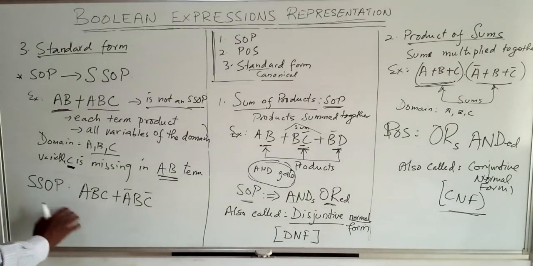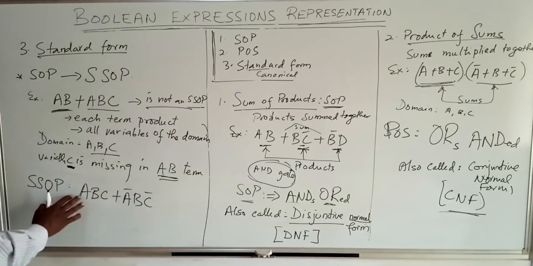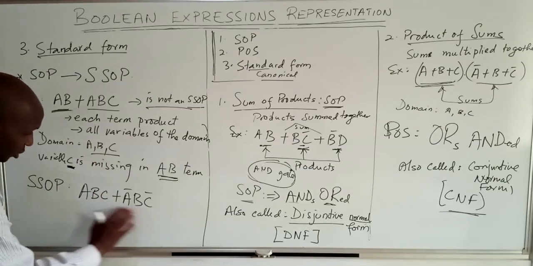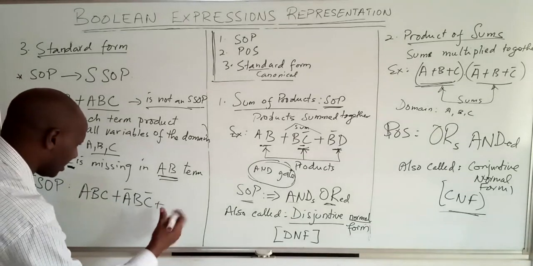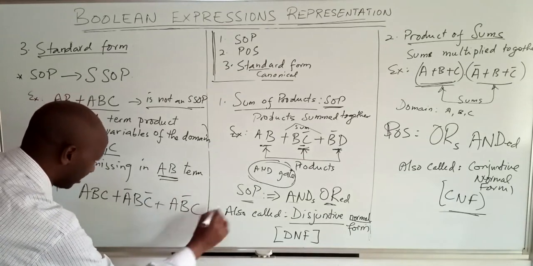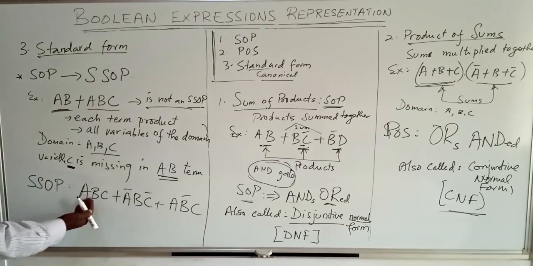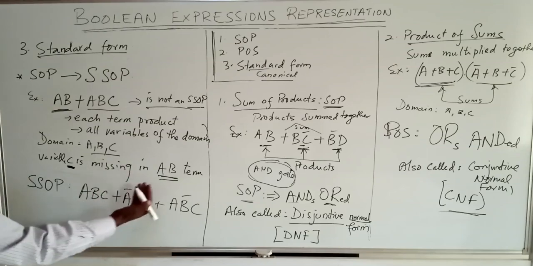You can see that all variables of the domain A, B, C are represented in the two terms. We can even say A plus also B bar C. This is a standard sum of product because all variables are represented in each term.